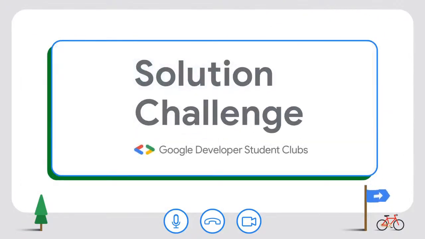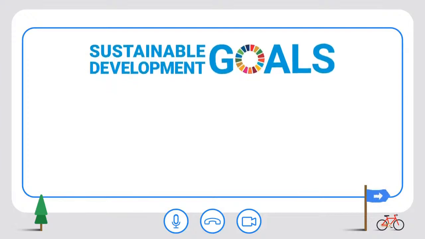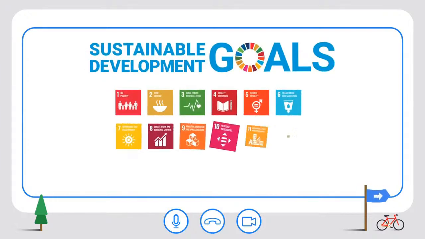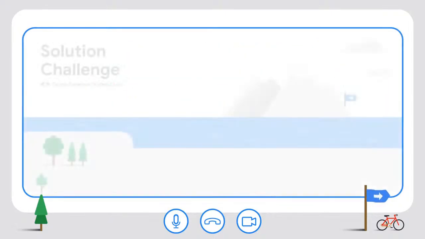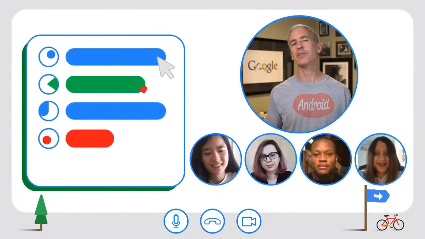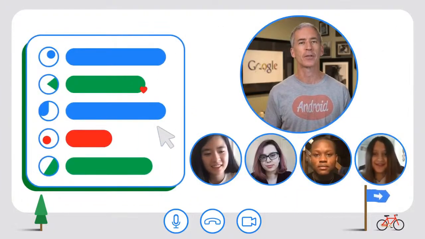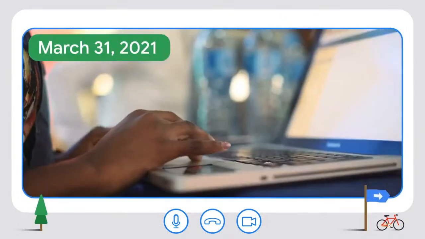Welcome to the Google Developer Student Club's 2021 Solution Challenge. The mission of this challenge is to use Google technology to solve for one of the United Nations' 17 Sustainable Development Goals, aiming to end poverty, ensure prosperity, and protect the planet. Win cool prizes, mentorship from Google, and swag. Get help along the way from Google at training events, code labs, and hackathons. Submit your solution by March 31st, 2021.